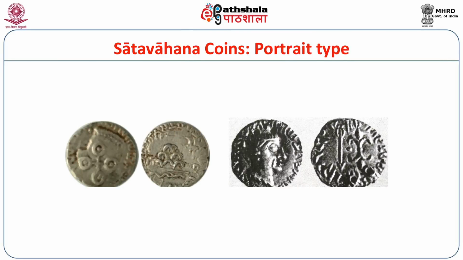Here you can see the portrait of Nahapana being distorted by the Ujjain symbol on the obverse, and on the reverse the depiction of a multiple arched hill and a river symbol. To your right you have the coin of Nahapana, which is an original coin from this hoard.